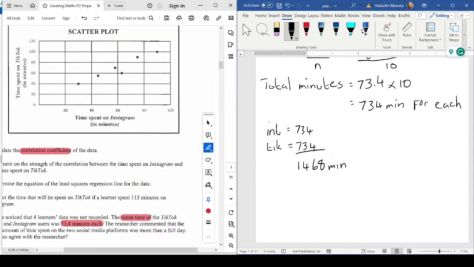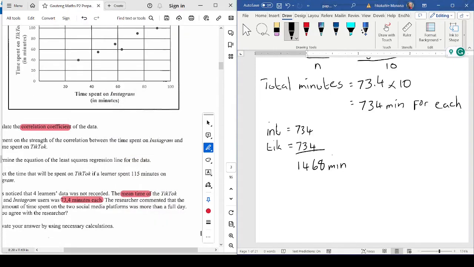Now it says here the researcher commented that the amount of time spent on the two social media platforms was more than a full day. How many minutes does a full day have? Well, we don't know, or do you? But you do certainly know how many hours are in a day, right? So let me say, a day has how many minutes?